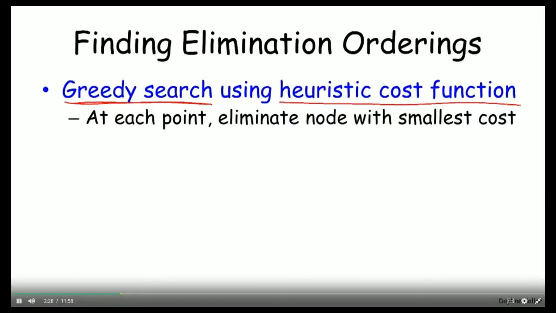And there are some obvious cost functions to use, and it turns out that surprisingly they work pretty well.